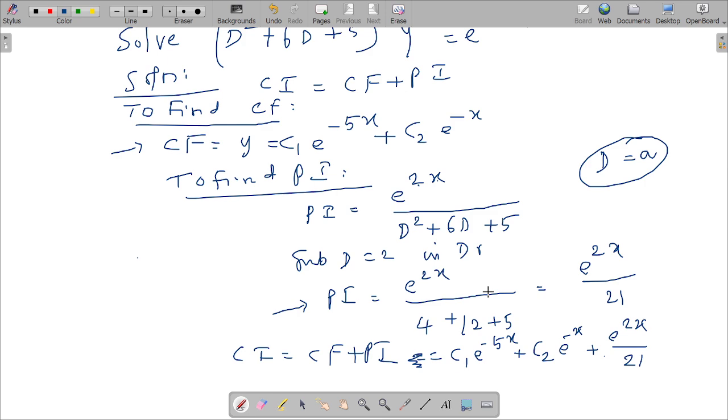But at the end of the problem, you must write the complete integral, which is the complementary function plus the particular integral. A few things to note: if the right hand side in the given problem is 0, there is no need to find the particular integral. If the right hand side is given, it is always a function of x, not a function of y. Based on the function of x, you have to find the particular integral.